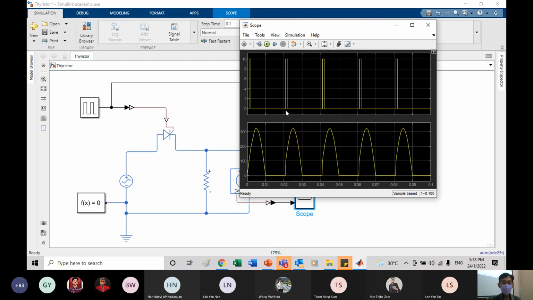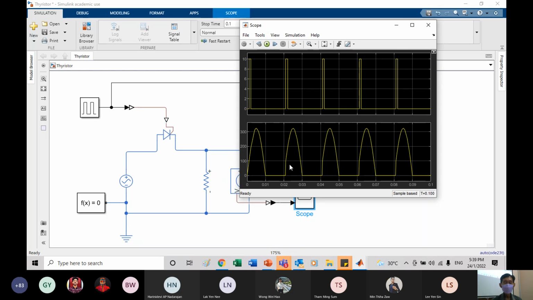Of course, if you don't apply a pulse at all, you will never turn it on. And if you want to turn it on every time nicely like a normal diode rectifier, then you need to pulse at exactly 0 degree. Then I mean, it defeats the purpose. If you want to pulse at 0 degree, just buy a diode, right? What is the point of using a thyristor, where you control the thing?